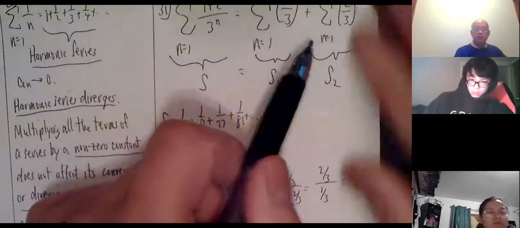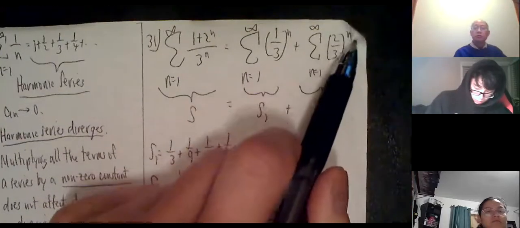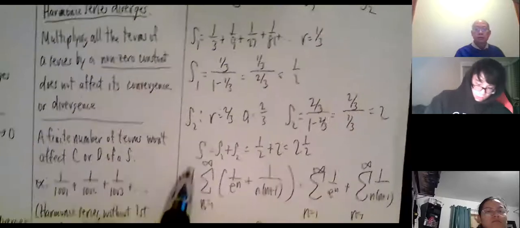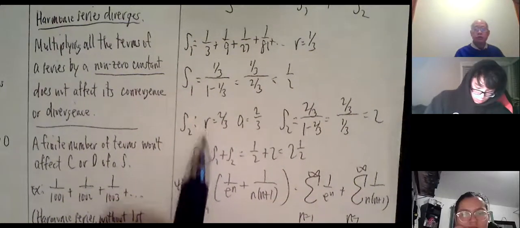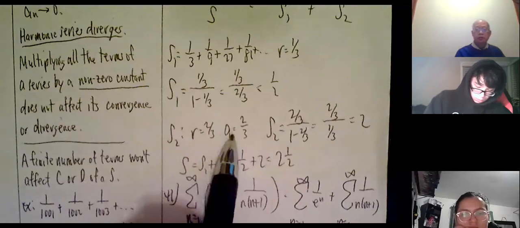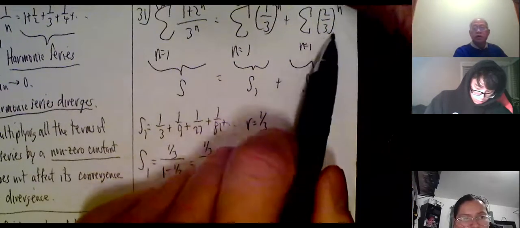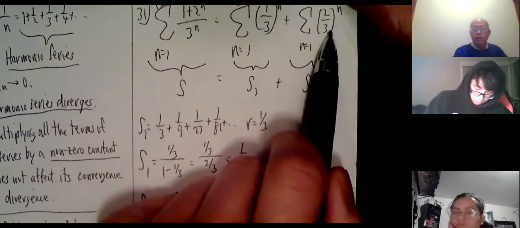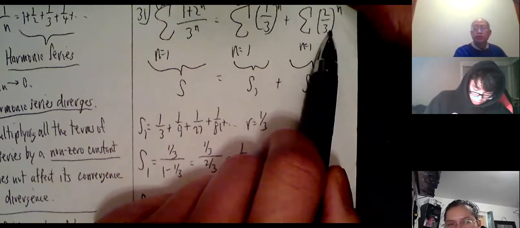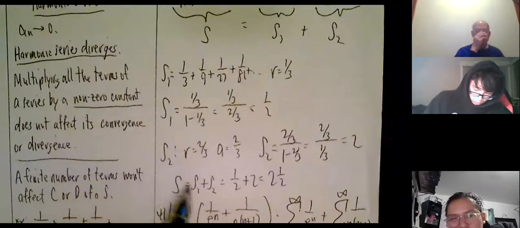Okay, what about S2? 2/3 to the n. So the common ratio is 2/3. A is 2/3. That converges, right? It's going to be 2/3 to the 1, 2/3 squared, 2/3 cubed, 2/3 to the 4th. So you keep multiplying by 2/3.